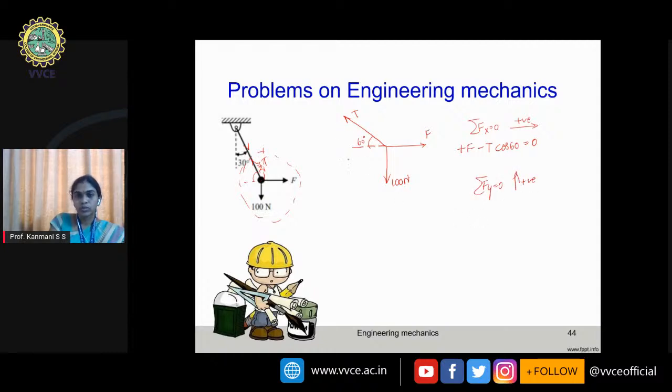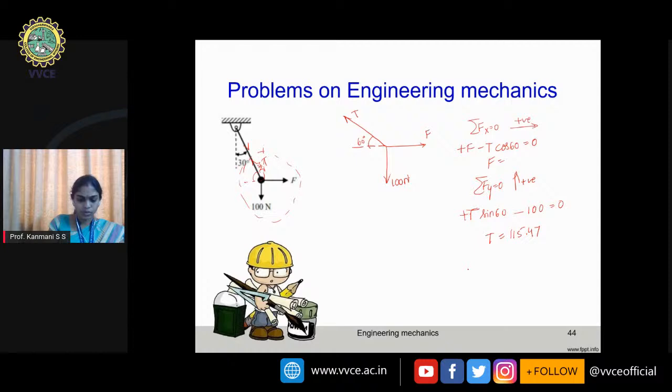Upward force is positive, so I'll get T component which is moving upward, plus T sine 60, 100 is moving downward, minus 100 equal to 0. With that, T is equal to 100 divided by sine 60. The answer you're going to get is 115.47.